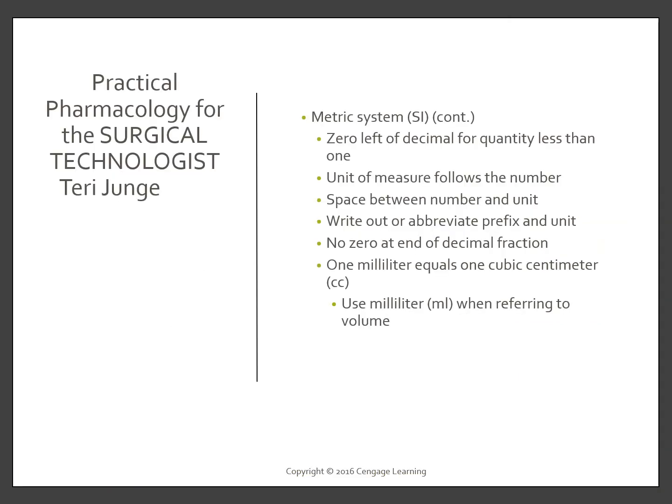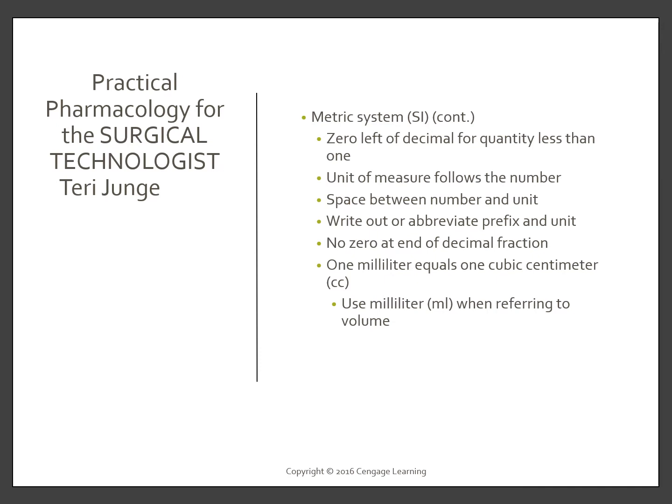So some suggestions when we're documenting and using the metric system is to remember that 0 is placed at the left of the decimal if we have a quantity that's less than 1. So say we have 0.5, then it would be 0.5. And then the unit of measure is going to follow the number.